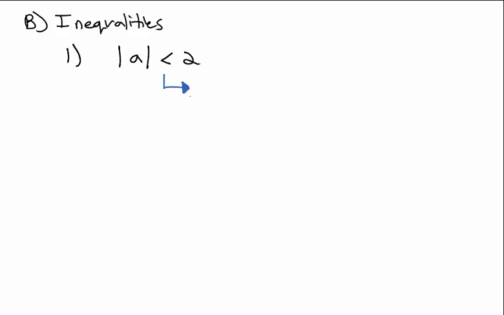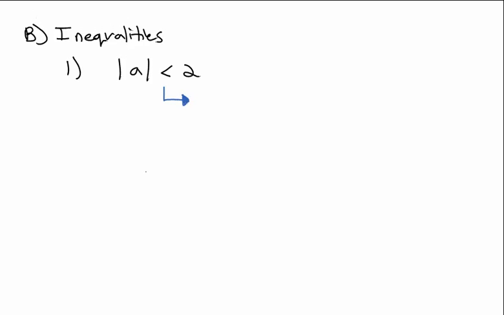But that's not really what absolute value means. Absolute value means the distance from 0. So what we're really saying with this inequality is that the distance from 0 is less than 2.